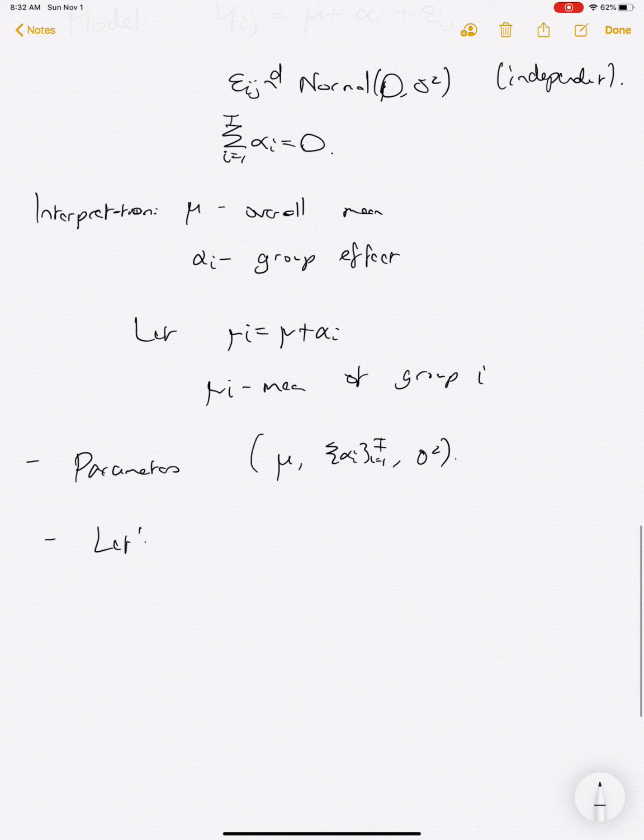We're going to find the maximum likelihood estimator for mu and the alpha i's, and this turns out to be the same as the method of moments estimate.